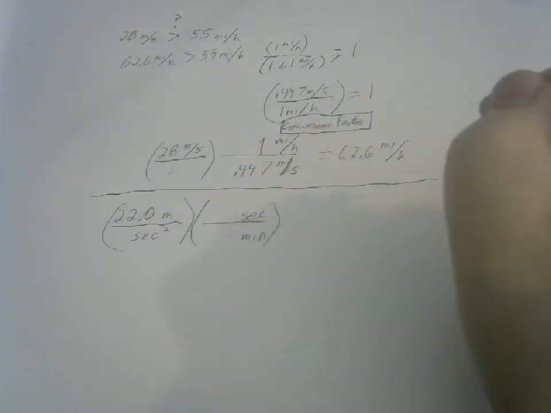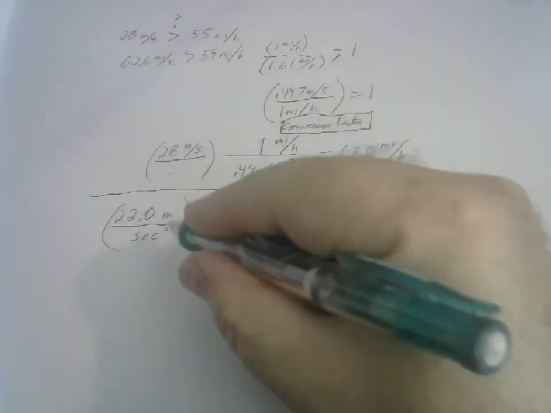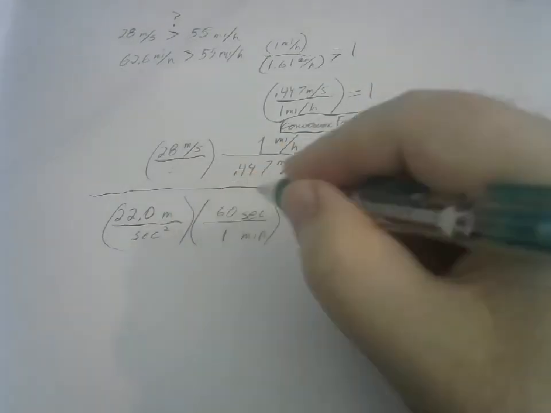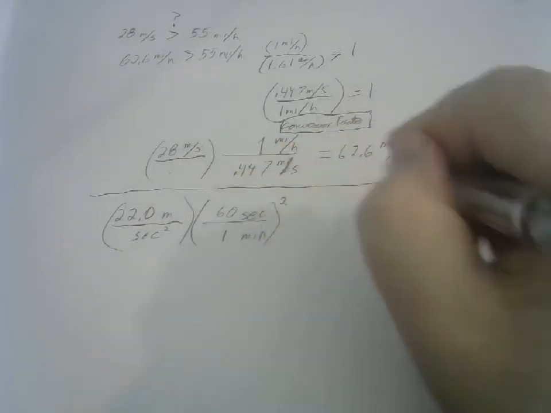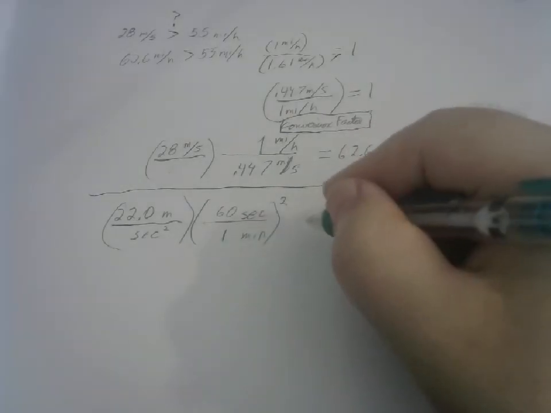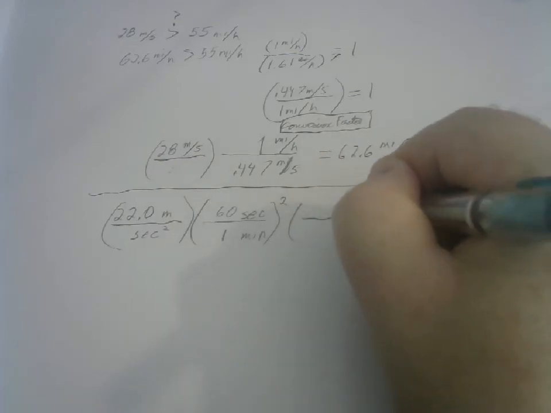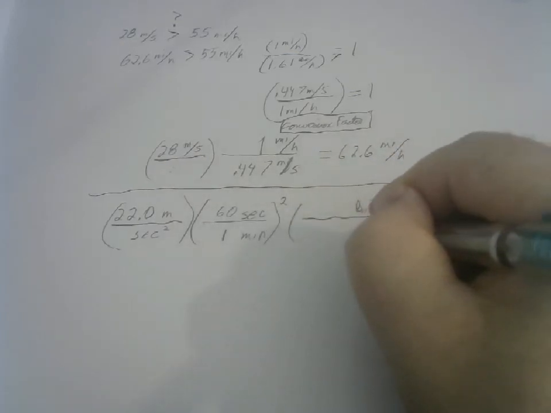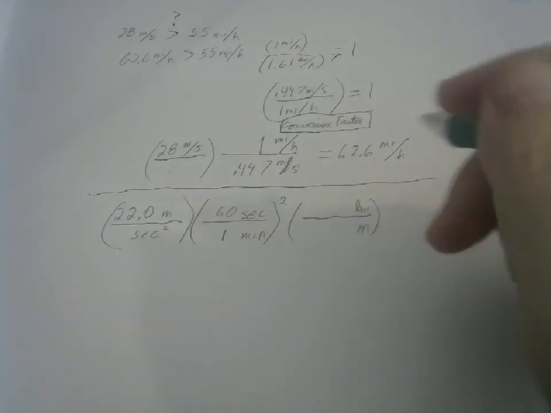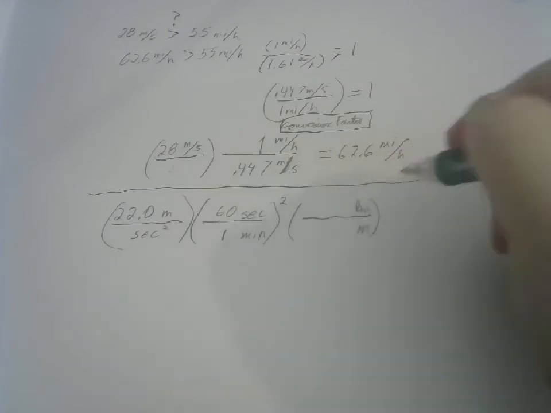How many seconds are in a minute? There are 60 seconds in 1 minute. And then it's very important that we note the square here. Since we want it in minutes squared, we'll put a squared there as well. And then we want to have kilometers on the top and meters on the bottom because we want it in kilometers per minute squared. So how many kilometers are in a meter or vice versa?